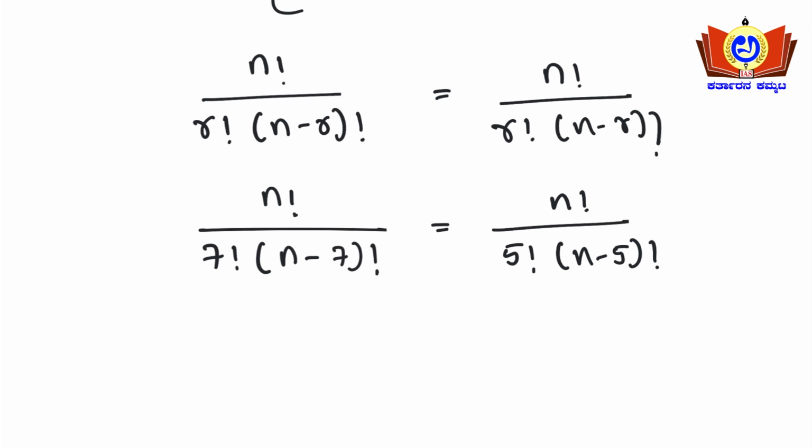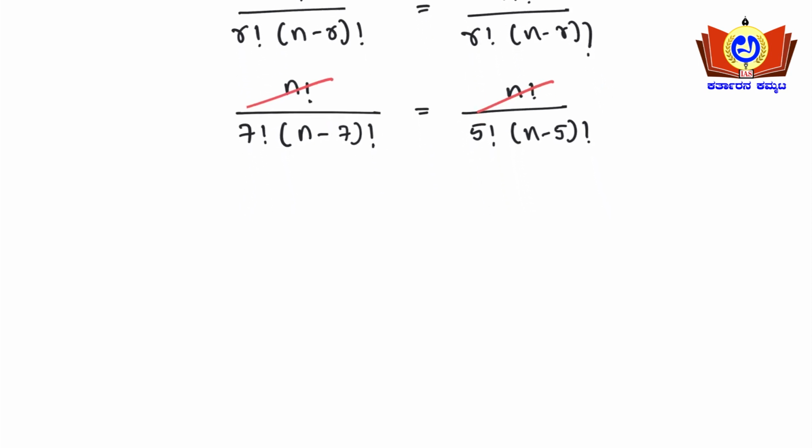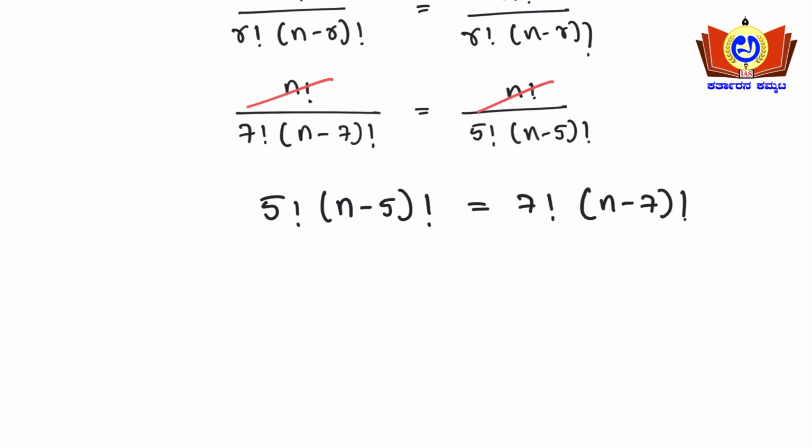Till here you understood, guys. So this n factorial and n factorial will get cancelled because they are on the left hand side and right hand side, and the remaining terms will be 5 factorial into n minus 5 factorial equal to 7 factorial into n minus 7 factorial.